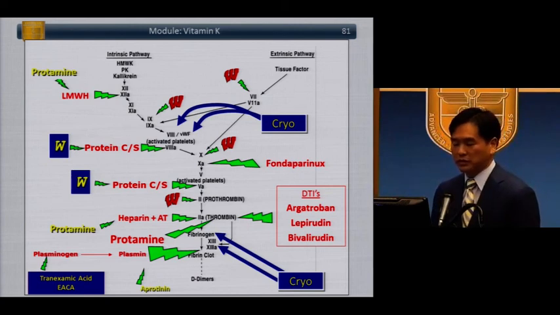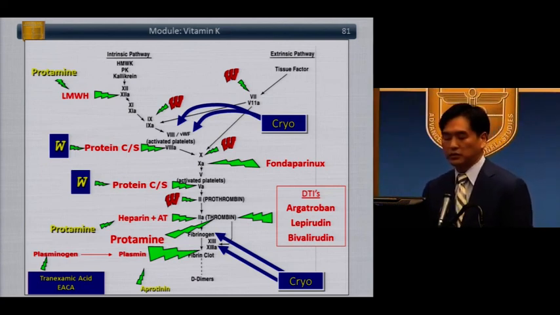Low molecular weight heparin works to inhibit factor 12. Now, protamine given alone, working independently, because it's a serine protease inhibitor, also will work on heparin in and of itself, which is why protamine is also red as much as it is yellow. It depends if it's in the presence of heparin or not.